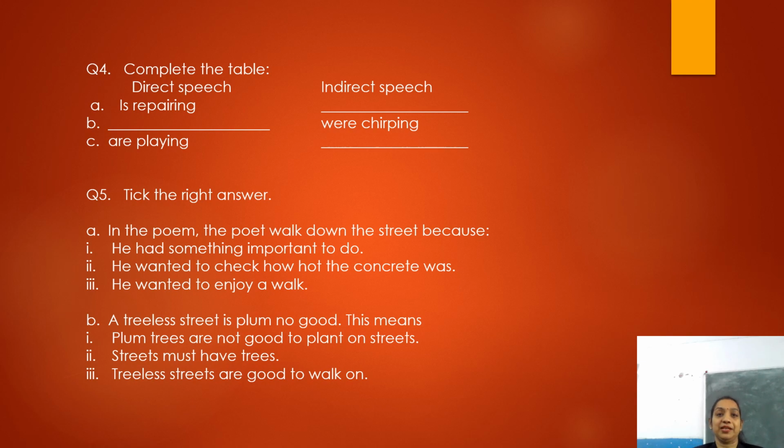And the third option is given as, treeless streets are good to walk on. So children, these are the 3 options, okay? And you have to choose the correct one, okay? You have to tick against the correct option, okay? So now let us move on to next question with the next slide.